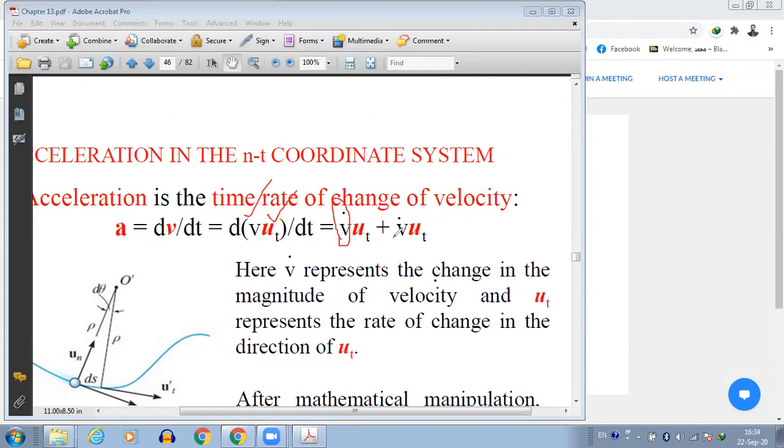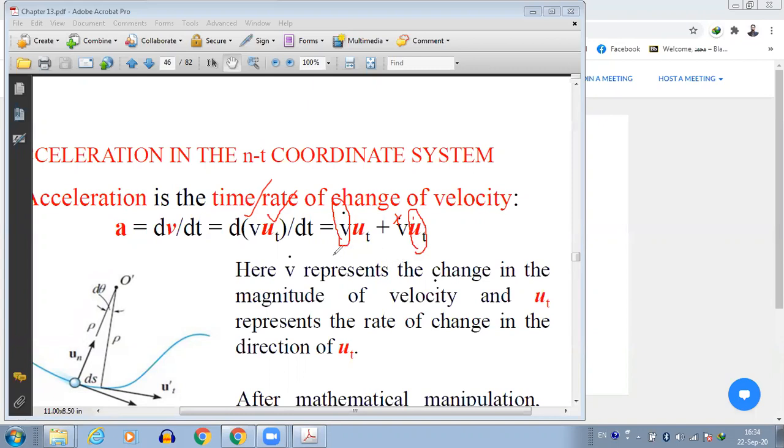The dot position is wrong here. The dot should be on u_t. If there is a change in the direction, then this is u_t dot, and this is known as the normal direction.